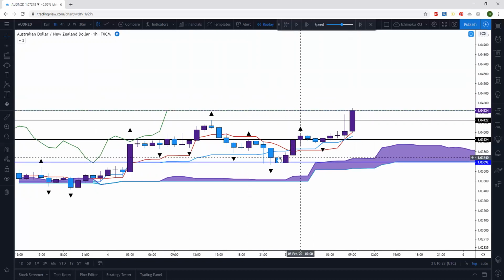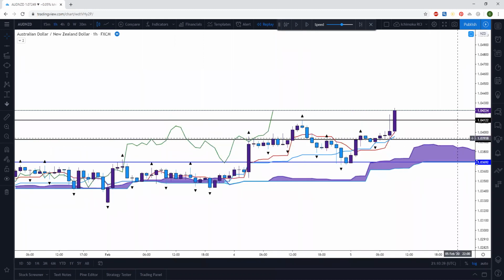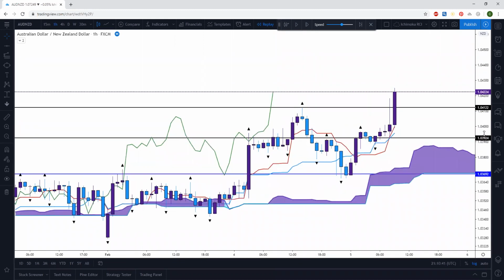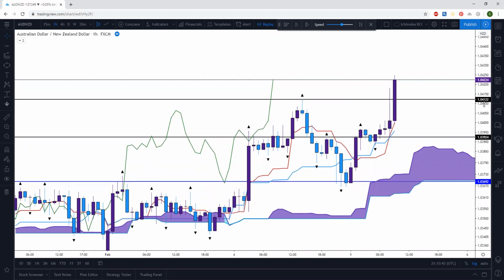Okay, entry could have been right. Put a green line where your entry would be and a red line where your stop loss would be.